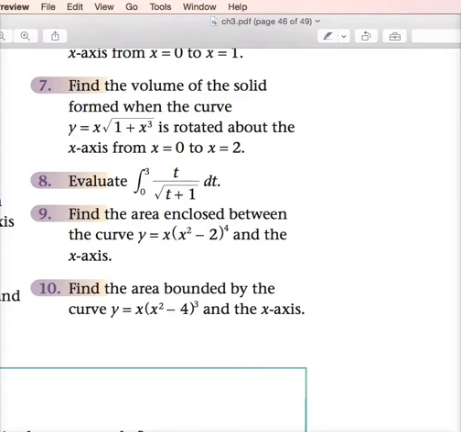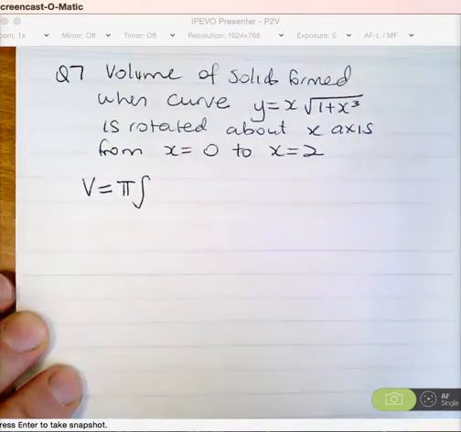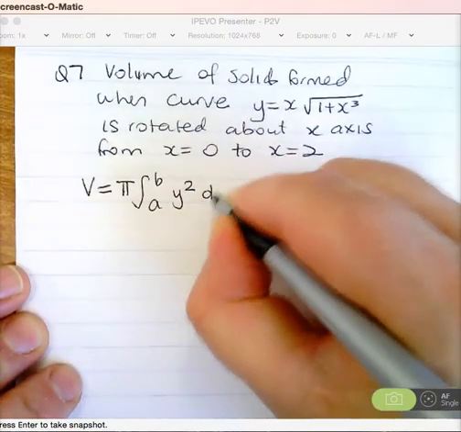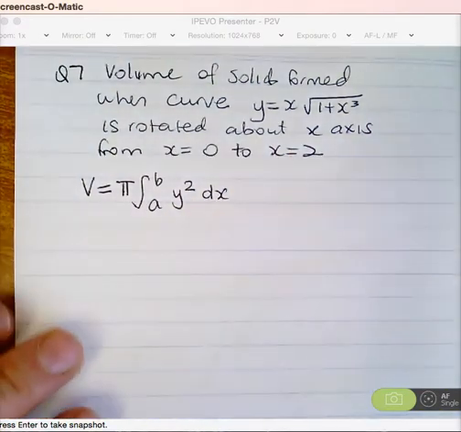You've got to put a pi out the front, remember? It's pi b on a. I suggest you write the formula out first before you even start anything. Y squared dx.